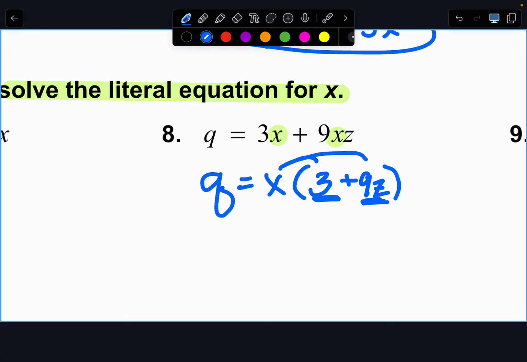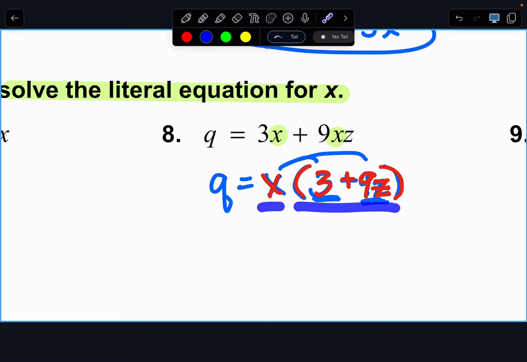Does that look better? Yes. It looks fine. All right. So now I have x outside the parentheses of 3 plus 9z. What operation is in between x and that? So if I want to get x by itself, divide. Okay.